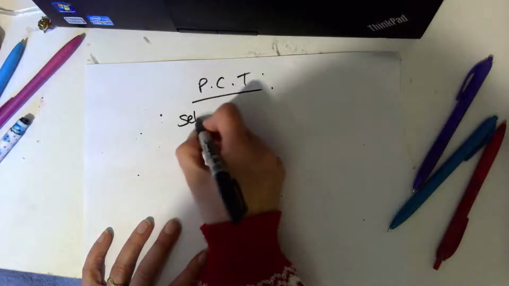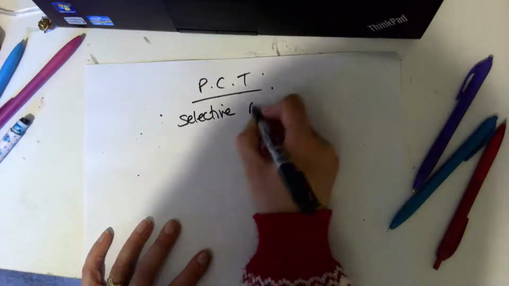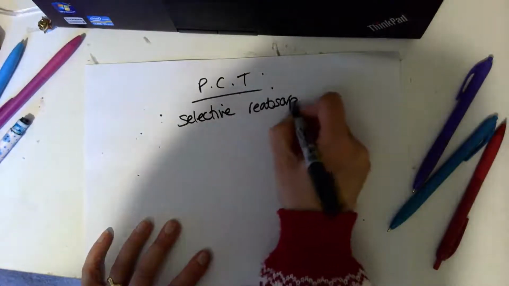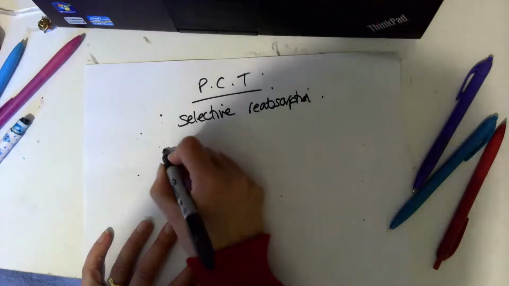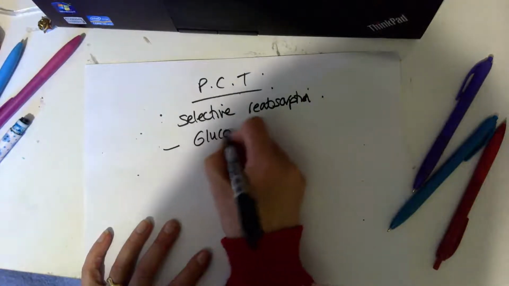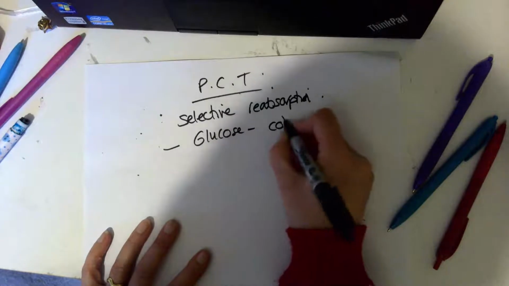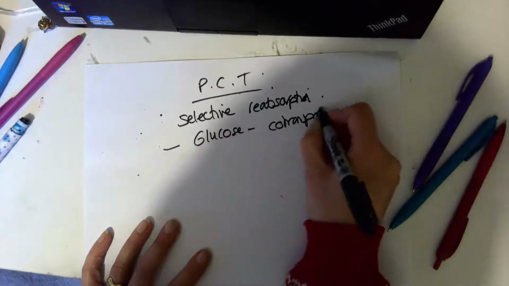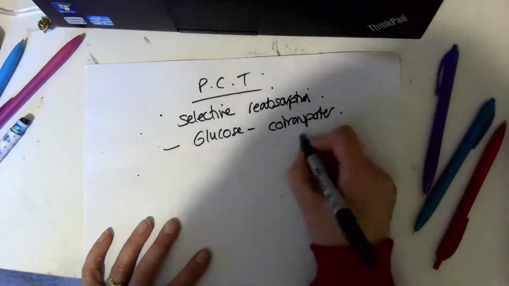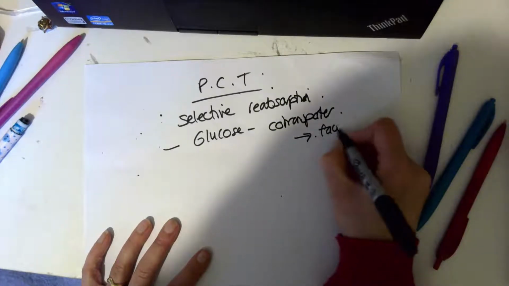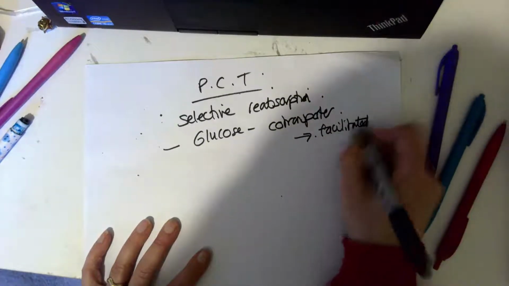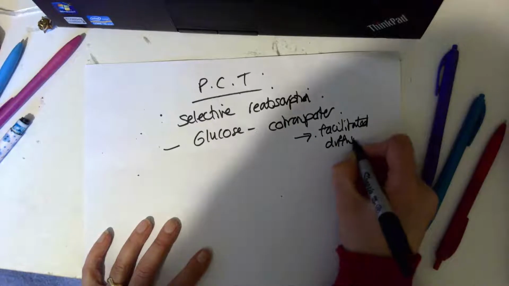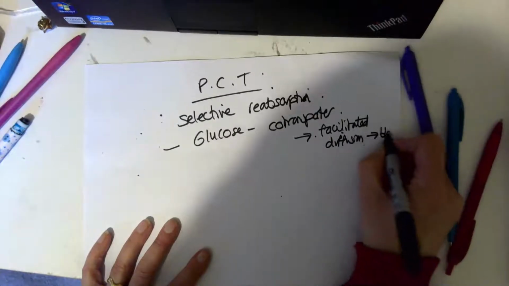So in the proximal convoluted tubule, you have selective reabsorption. Let's deal with glucose first: it was dealt with by having a co-transporter to bring it into the cell, and then it relied on facilitated diffusion into the blood.